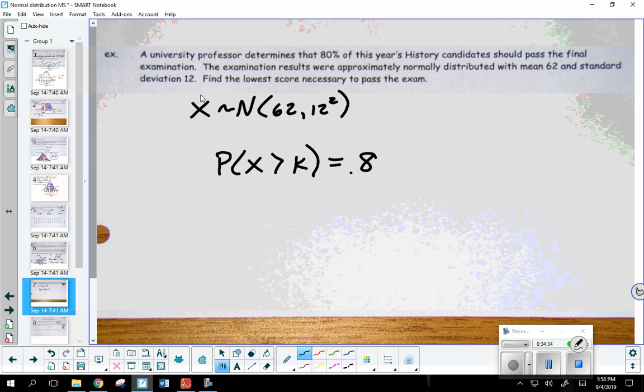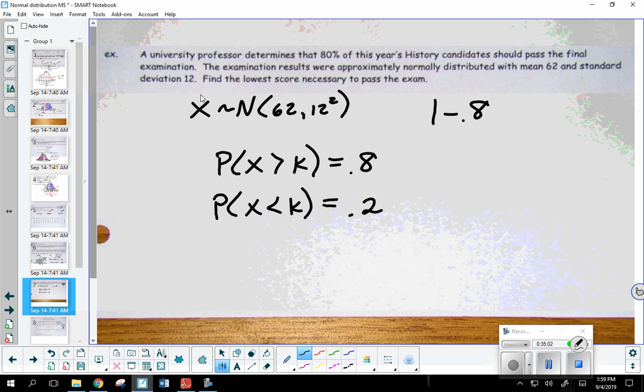Is it part A or part B that we just did? Part B, we don't want to forget. If you're greater than the element you're looking for, you need to rewrite it. X less than K is equal to 0.2. Where'd you get that 0.2? There you go. You always take one, the 100%, and you subtract the percentage that you're given.